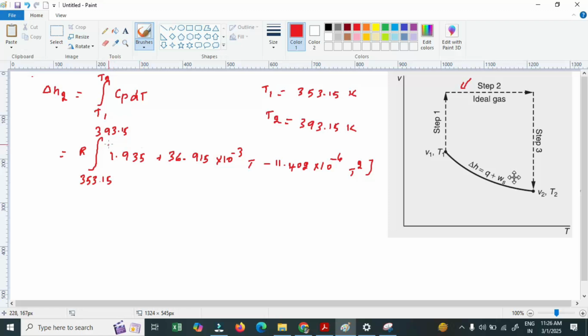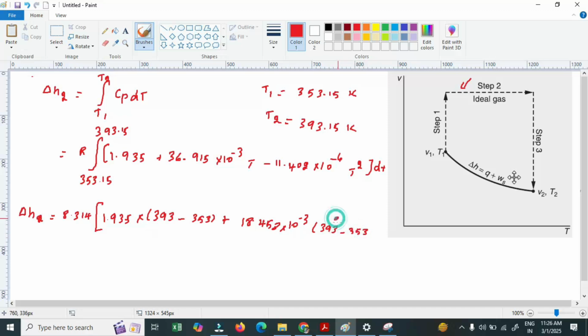8.314 times 1.935 multiplied by (393 minus 353) plus 18.458 multiplied by 10 power minus 3, (393 squared minus 353 squared), minus 3.801 multiplied by 10 power minus 6, (393 cubed minus 353 cubed).